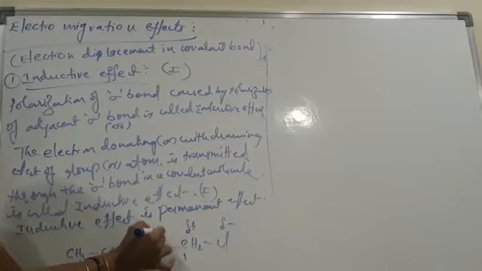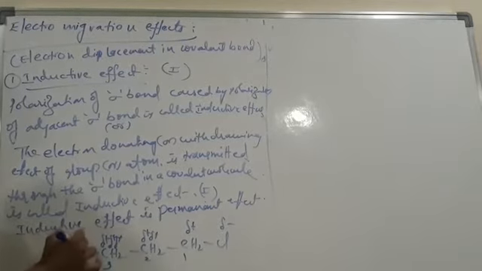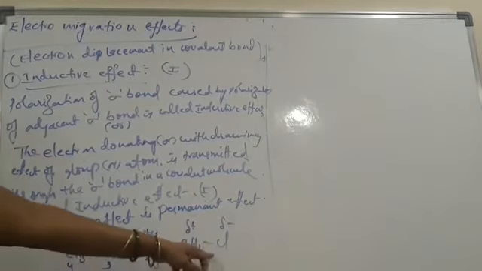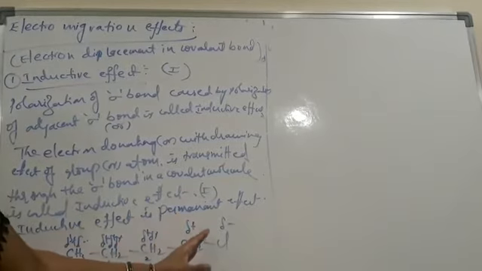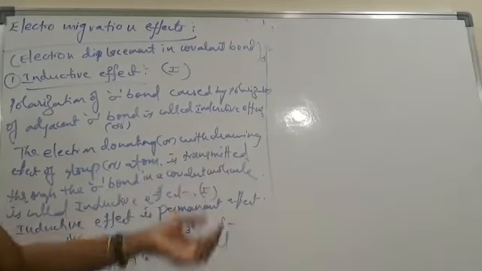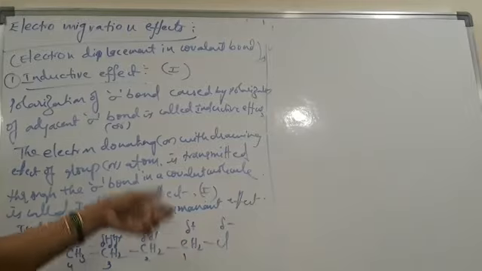Like this. Due to high electronegativity, chlorine attracts the shared pair of electrons towards itself. That's why it possesses the partial negative charge and the partial positive charge is on the carbon atom.